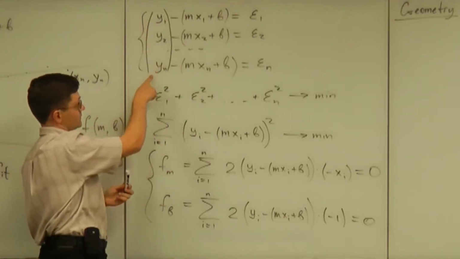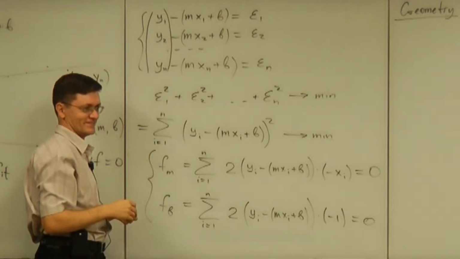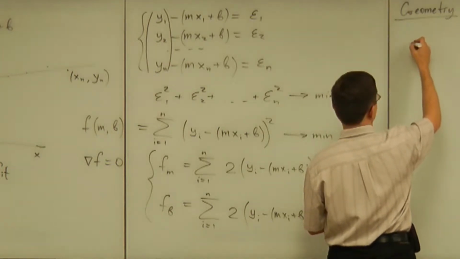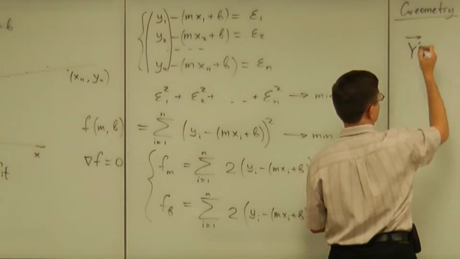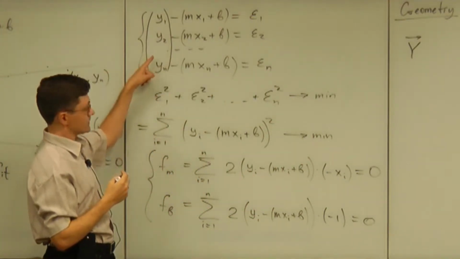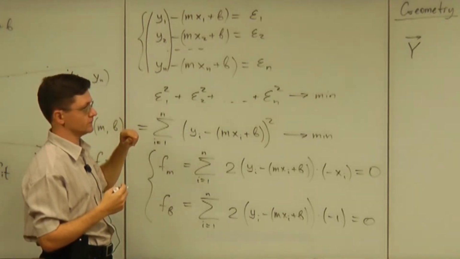And that is going to be a vector in n-dimensional Euclidean space. Well, that's okay. So you have a vector y in n-dimensional, high-dimensional Euclidean space. And that vector is given. You know all the components, all the coordinates of that vector.